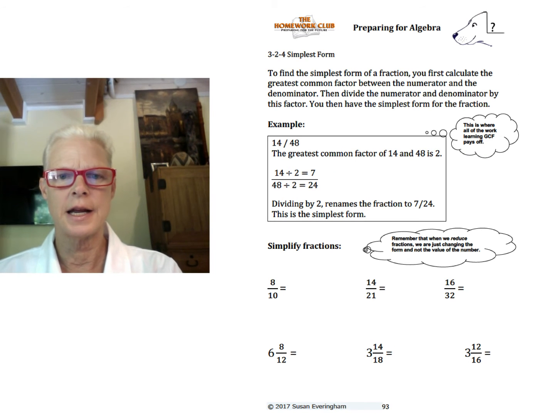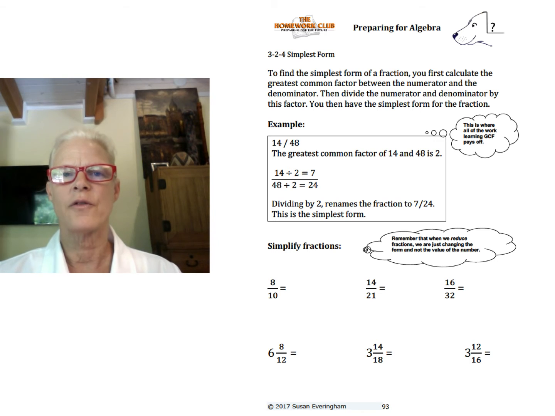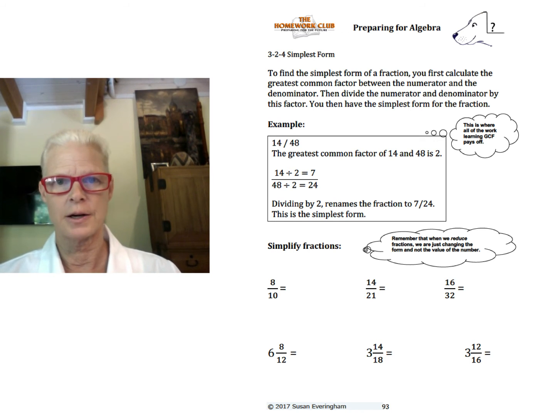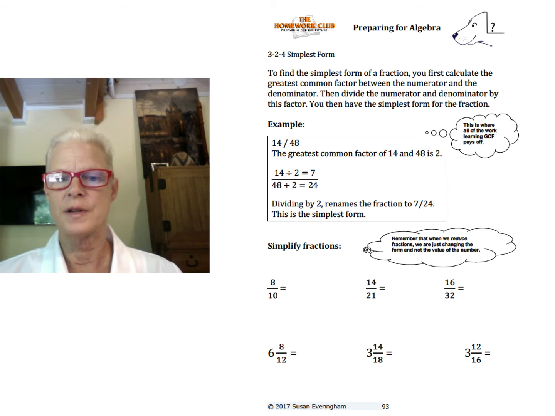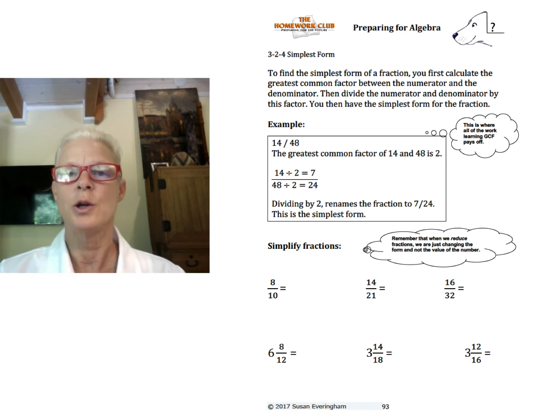Page 93, simplest form. So to find the simplest form of a fraction, we're going to find the greatest common factors of both the numerator and the denominator. And then when we divide the numerator and denominator by that factor, you will get the simplest form of that fraction, right?